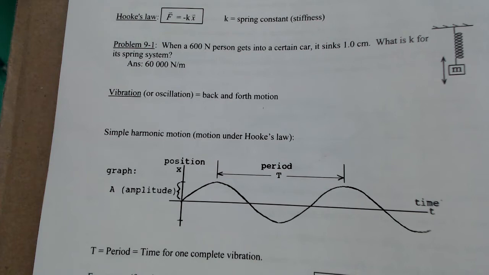Robert Hooke was a contemporary of Newton's. So we're talking about the late 1600s, and a lot of things got called laws then. Just in contrast, you get to the early 20th century and Einstein publishes the theory of relativity.